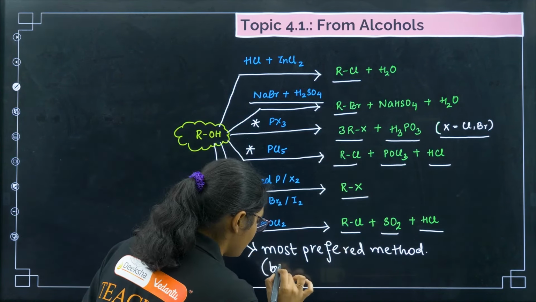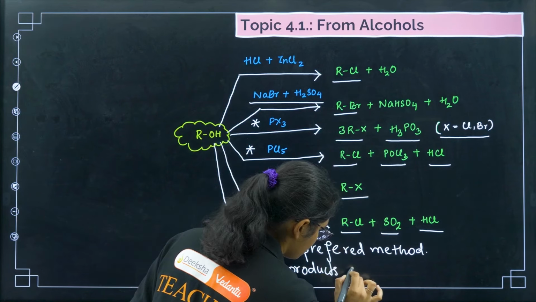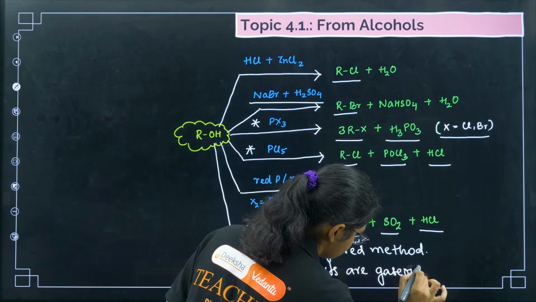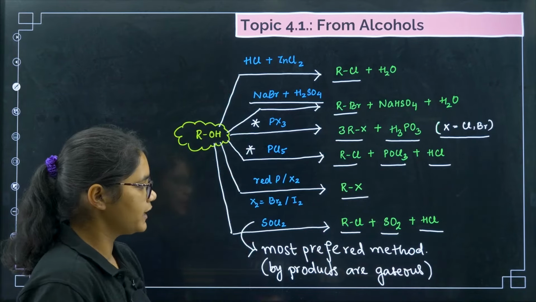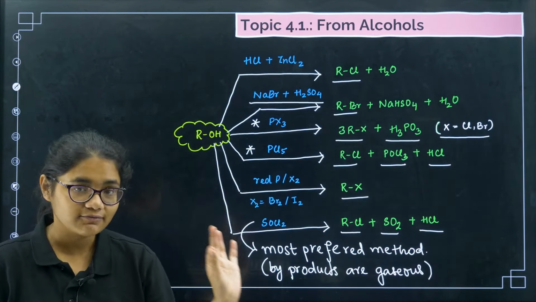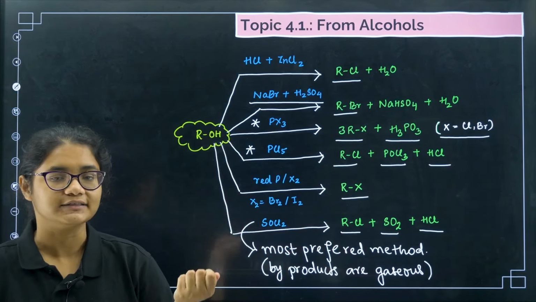Because the byproducts are gaseous. That means SO2 and HCl are in gaseous form and they will evaporate. If they evaporate, only RCl will be left in the container and we can easily get it.